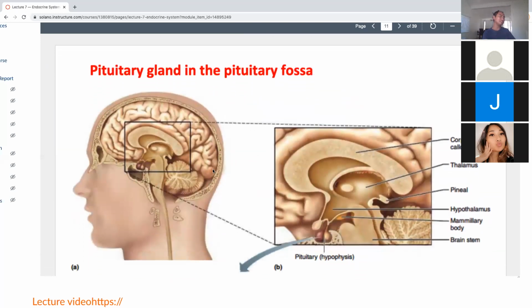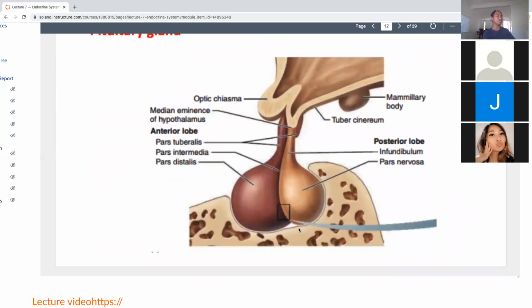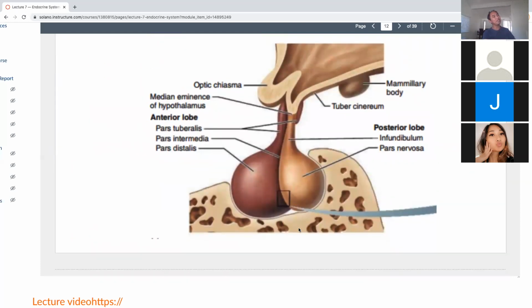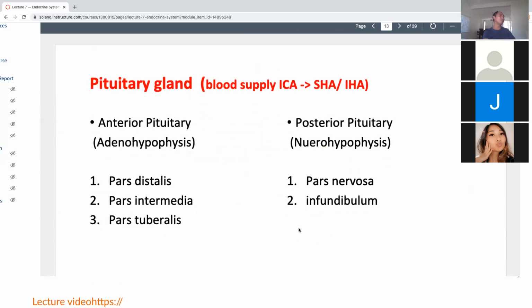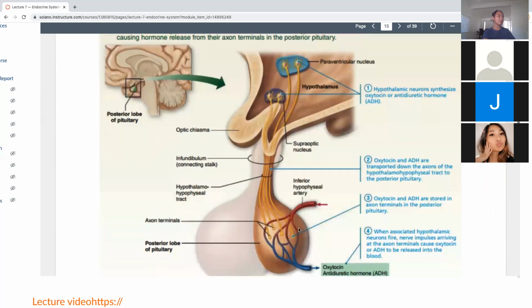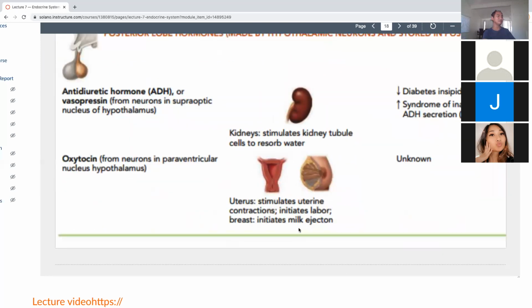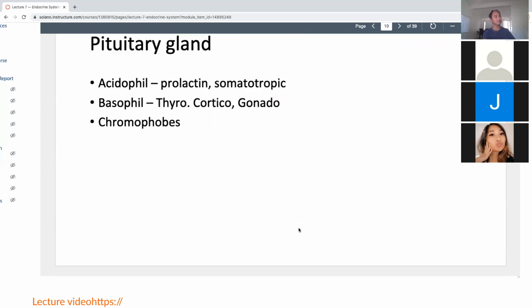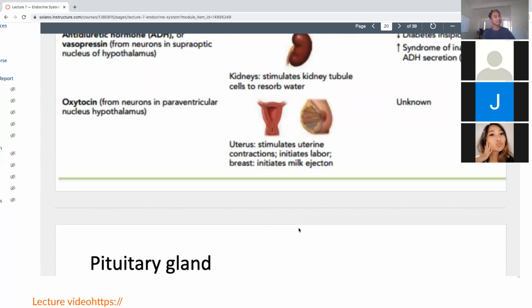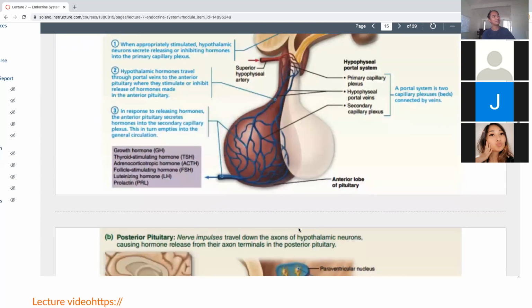Pituitary gland, where is it? It's in the sella turcica. Don't forget sella turcica.